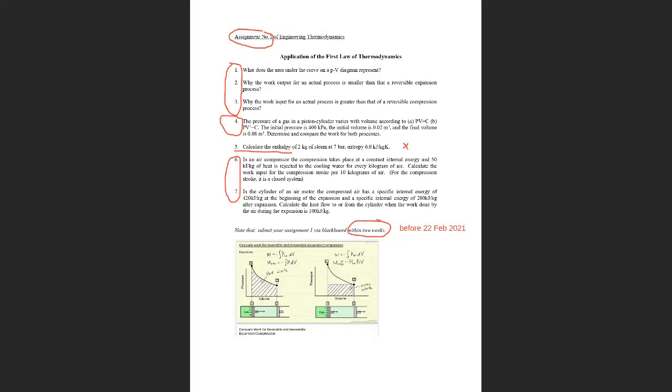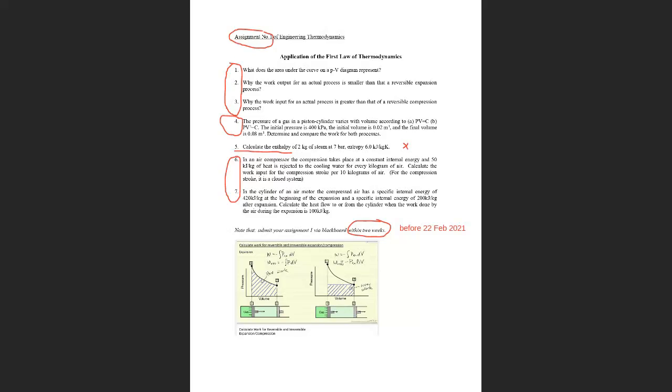So these 2 are mainly the first law. For question number 5, calculate the dryness fraction and find the enthalpies and other properties of the state in the wet region.